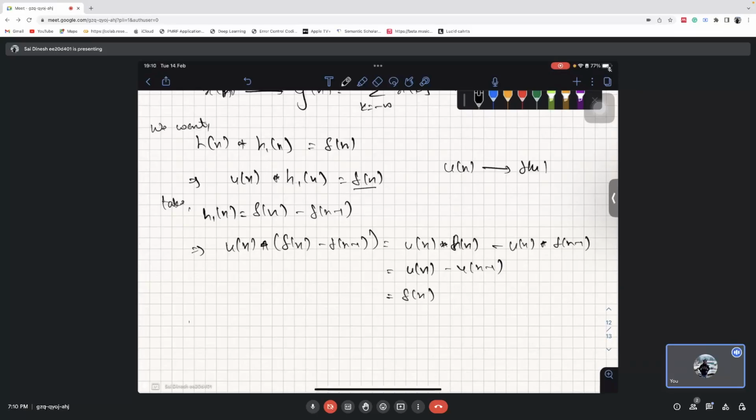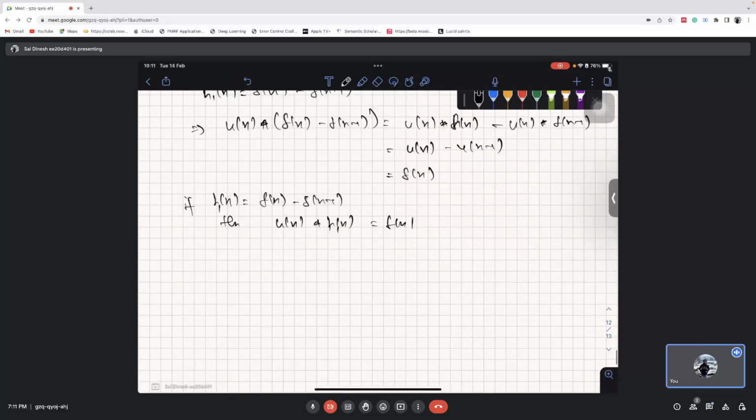So if h1 of n is equal to delta of n minus delta of n minus 1, then u of n convolved with h1 of n gives delta of n. Therefore h1 of n is the inverse of u of n.